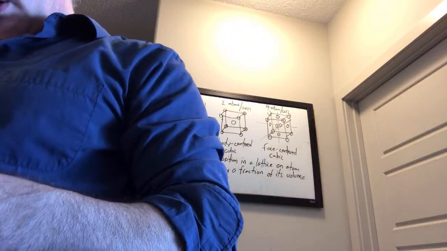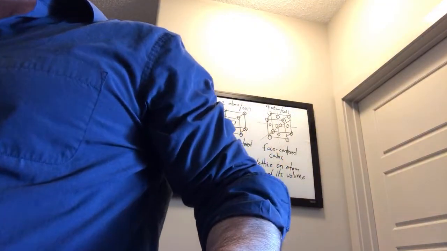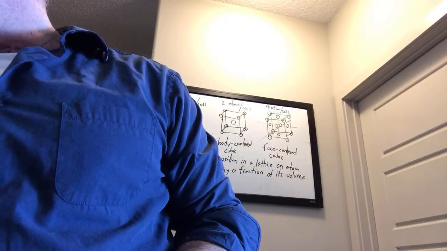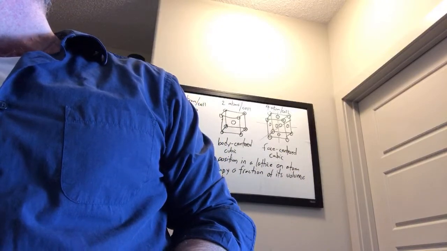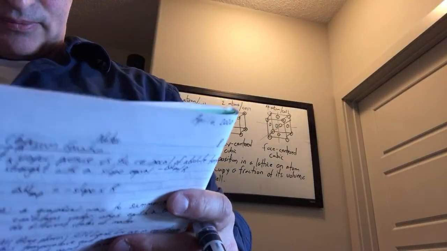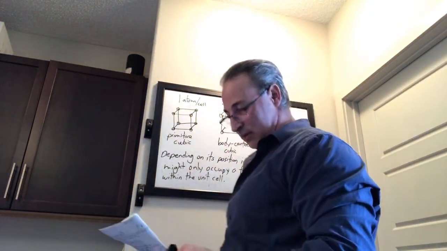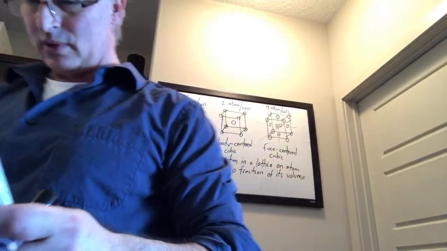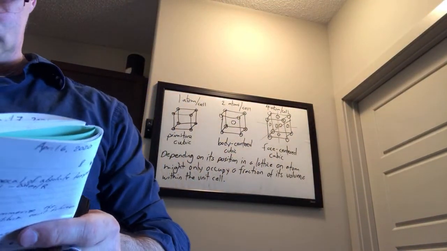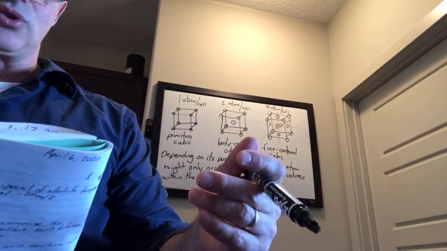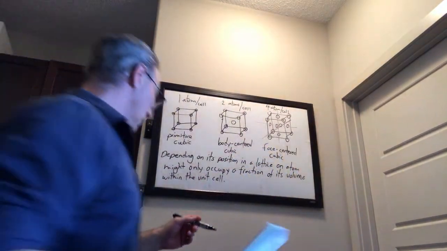On page 467, they say, give it some thought. It says, for a structure consisting of identical atoms, how many atoms are contained in the body-centered cubic unit cell? Well, there are 8 corners, 8 times 1/8 gives you a total of 1. Oh, and there's 1 in the center as well, so it's a total of 2.